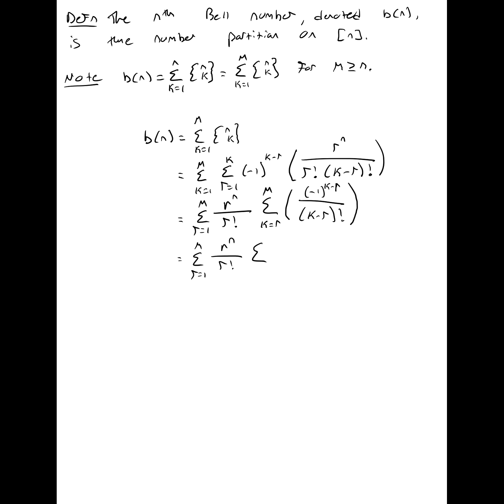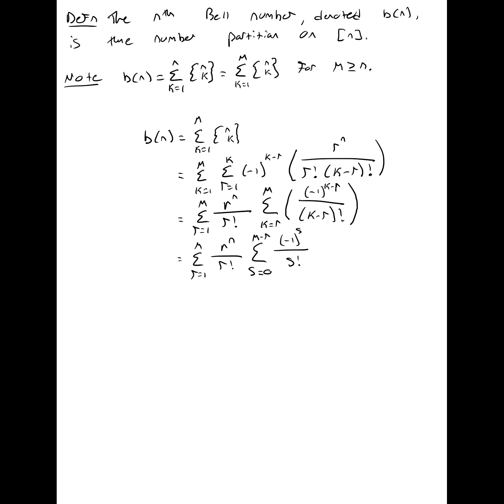Let's start at some value s equals 0, because when r is equal to k, this will be 0, and so will this. So it starts at 0 and goes up to m minus r of the same sum, but instead of writing k minus r, we just write s and s factorial.